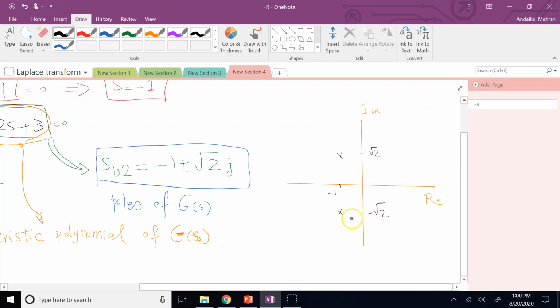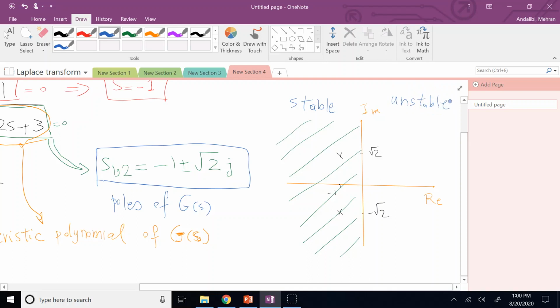And since these poles are on the left side of the imaginary axis, as long as my poles are here to the left of the imaginary axis, this tells me that my system is what? Stable. If they are on the right side of the imaginary axis, which I'll show you in the next example, the system is unstable.